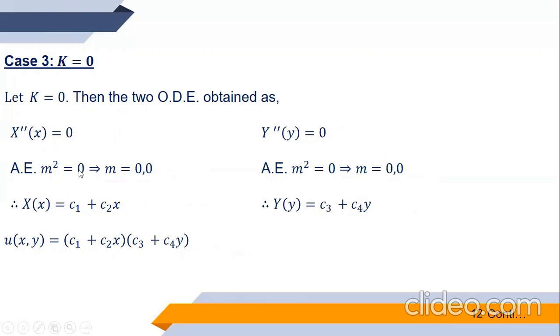So we write the auxiliary equation m² = 0, so m = 0 two times. So the solution is c1 + c2x. Similarly for Y, m² = 0, then the solution is c3 + c4y. Now we combine both, then we get the solution of the given PDE when k = 0: u(x,y) = (c1 + c2x)(c3 + c4y).